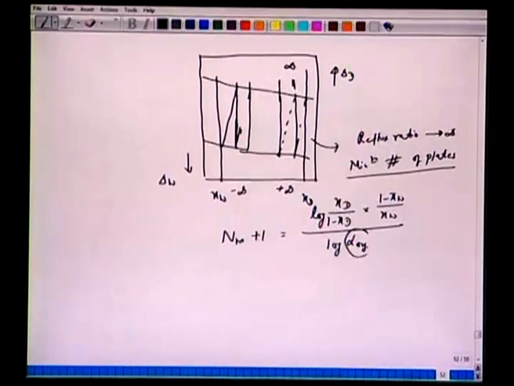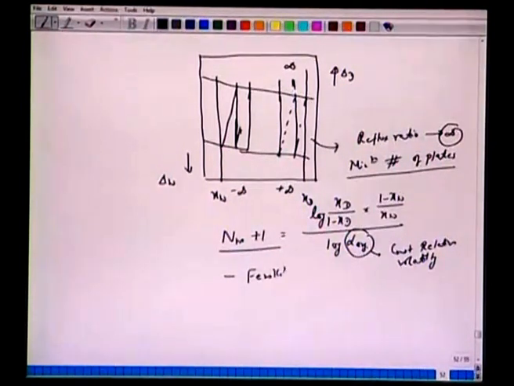If we take constant enthalpy and constant relative volatility, one can obtain this equation analytically, and it is the well-known Fenske equation to calculate the minimum number of plates at infinite reflux ratio.